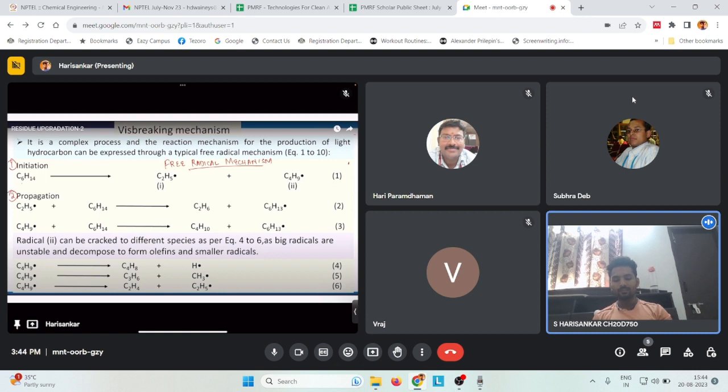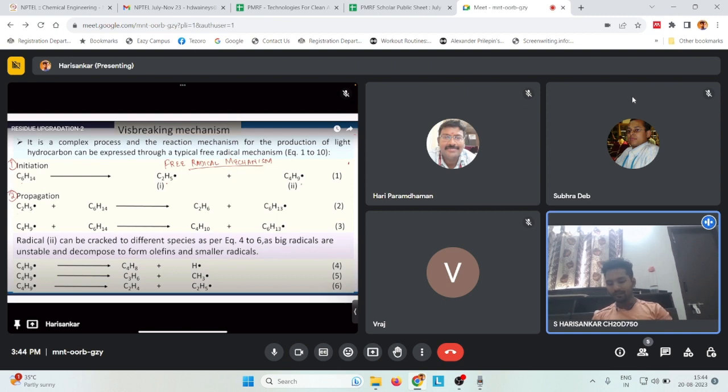For example, C6 breaks down into a C2 free radical and a C4 free radical. So this is the initiation step, where a proper hydrocarbon molecule gets broken down into different free radical molecules.